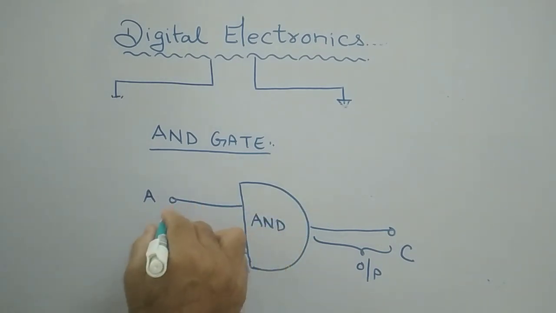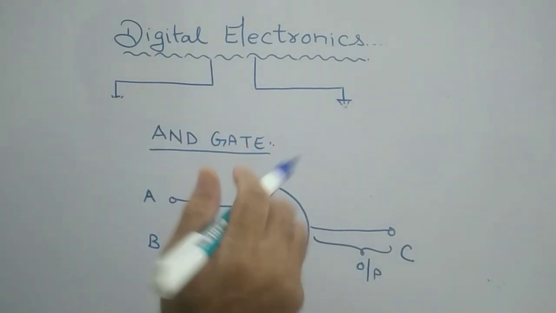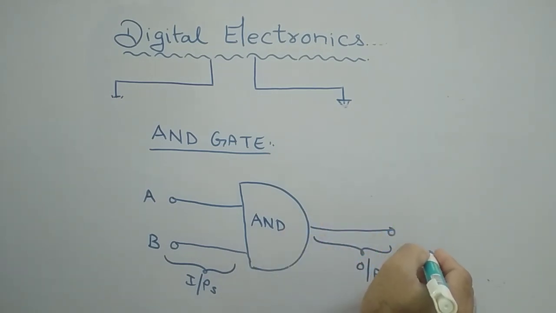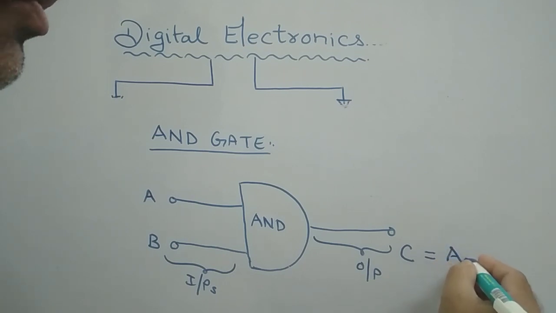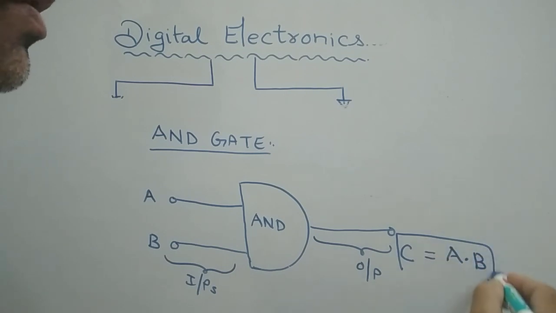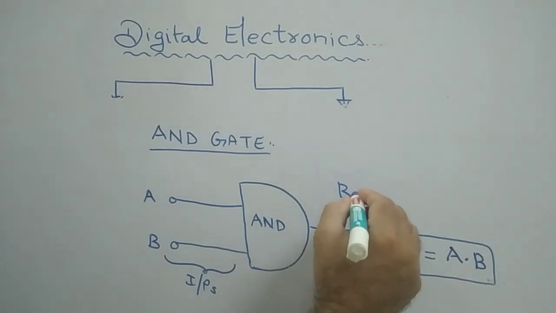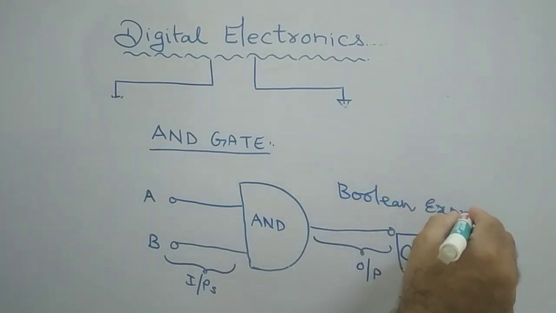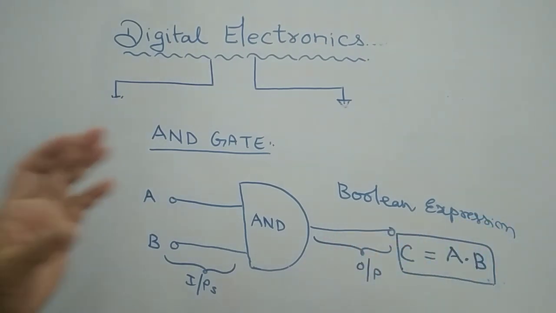So for the two input AND gate, how will the output be? There is a relation between the output and the inputs. The output C is equal to A into B. This is called the Boolean expression.